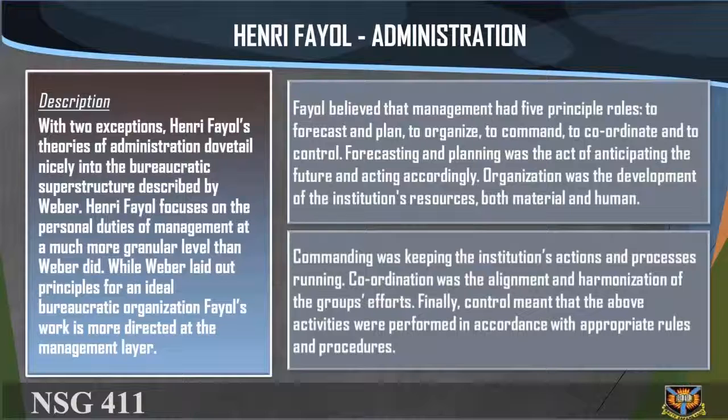Commanding was keeping the institution's actions and processes running. Coordination was the alignment and harmonization of the group's efforts. Finally, control meant that the above activities were performed in accordance with appropriate rules and procedures.